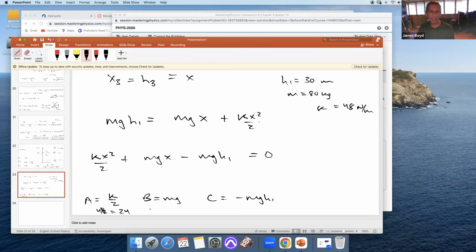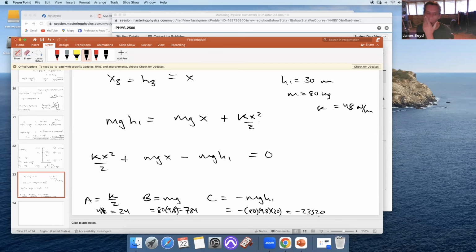B is 80 times 9.8, or 784. And C is negative 80 times 9.8 times 30, so that's negative 23,520.